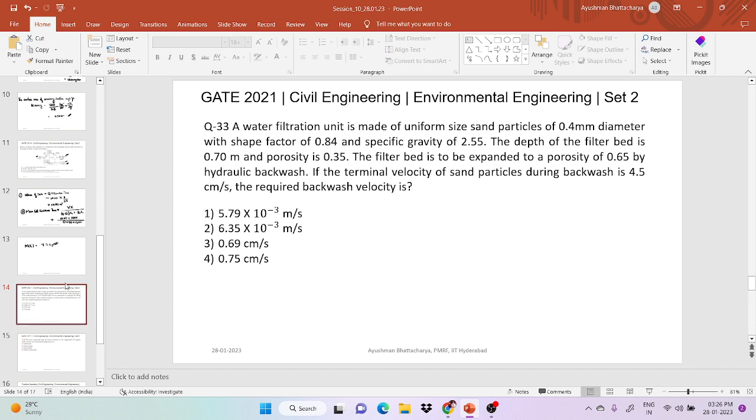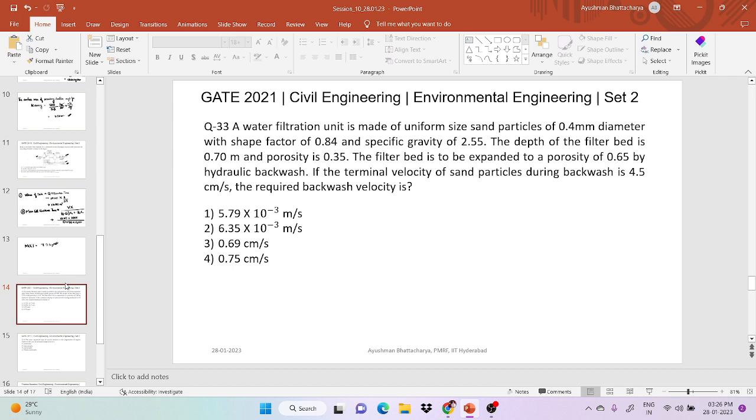The next question says, a water filtration bed is made of uniform size sand particles of 0.4 mm diameter with shape factor of 0.84 and specific gravity of 2.55. The depth of filter bed is 0.7 meter and the porosity is 0.35. The filter bed is to be expanded to a porosity of 0.65 by hydraulic backwash.